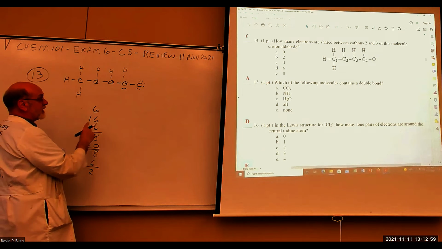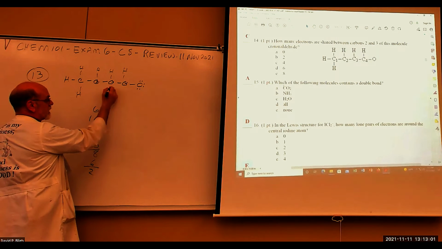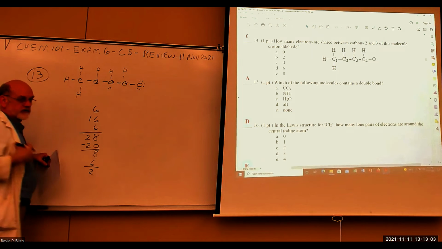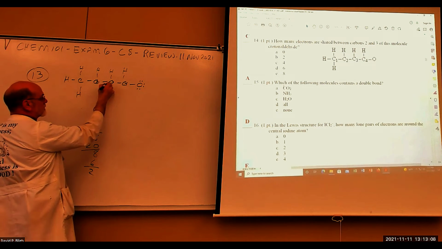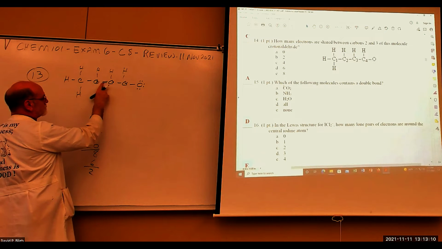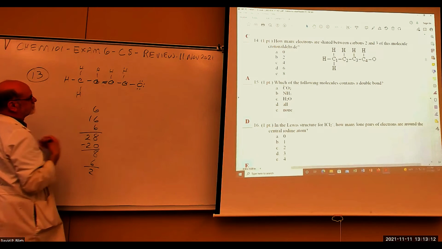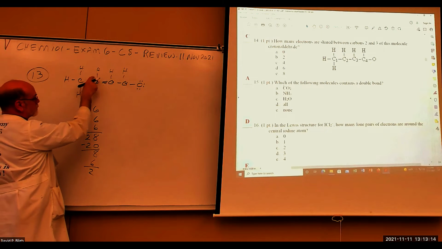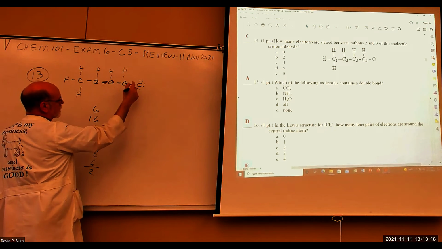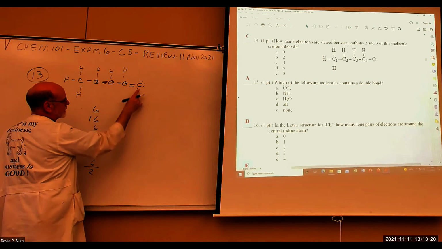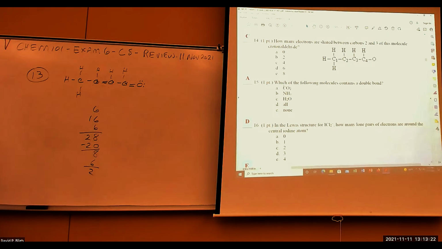In order to do that, the best way is to move those lone pairs over here. Now we can move them into that position and make a double bond. Okay, that way you've got 2, 4, 6, 8, 2, 4, 6, 8, 2, 4, 6, 8. And everybody's happy.